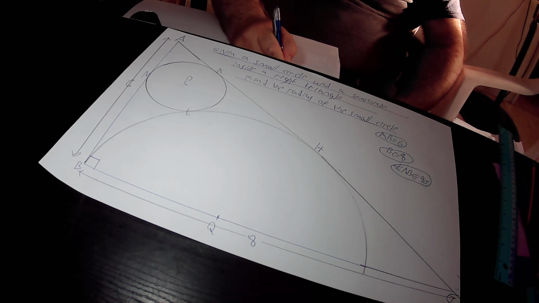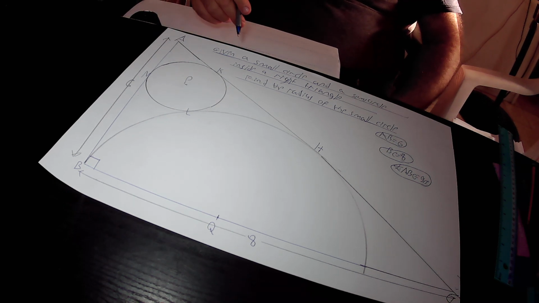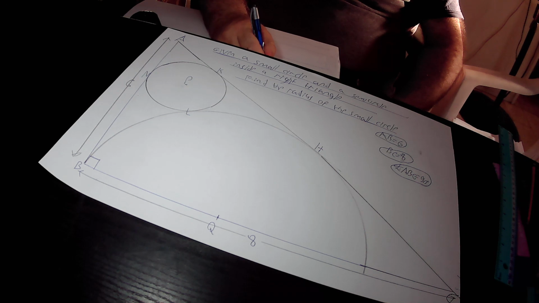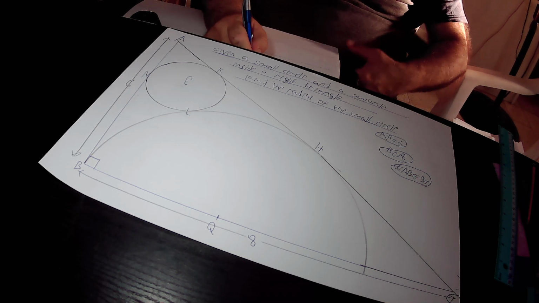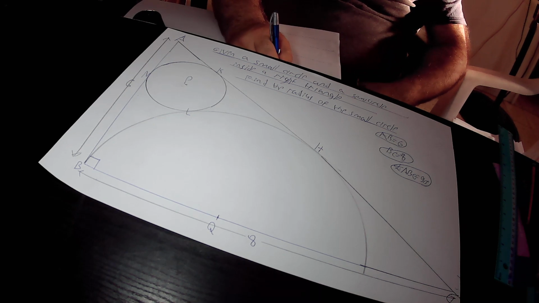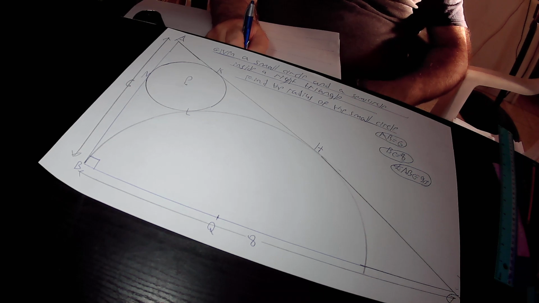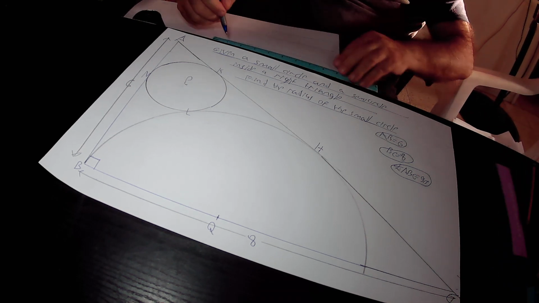And AC squared must be equal to AB squared plus BC squared. Here PT is a short form for Pythagoras theorem.